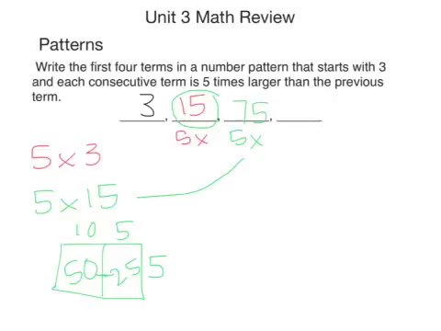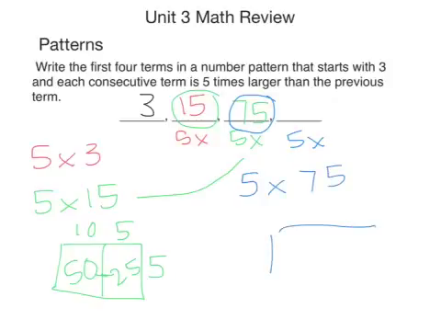All right, my last term, my fourth term. I know that my fourth term is going to be 5 times larger than the previous term, which is the third term. And the third term was 75. So I know that this fourth term is going to be 5 times larger than that. So let's set it up in my multiplication, 5 groups of 75, and then set it up in an area model to solve it. Decompose the 75 into 70 and 5, and then multiply that number by 5.